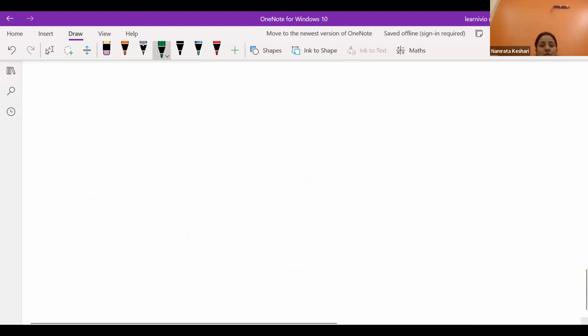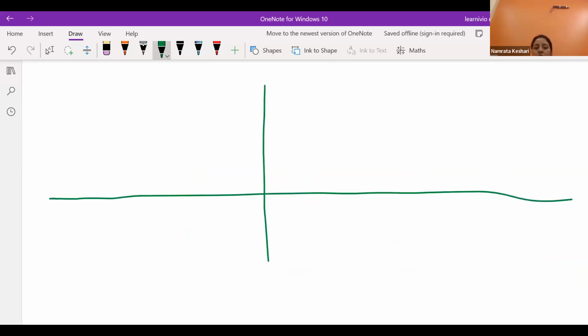Let me show you. Have you seen graph paper? Okay, if I give you graph paper, it is like this.